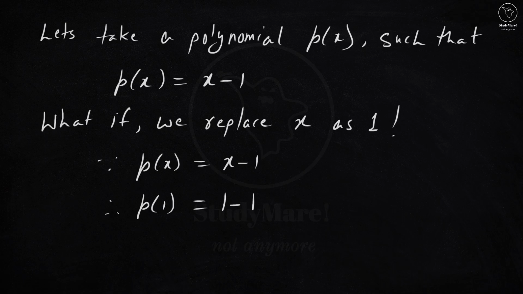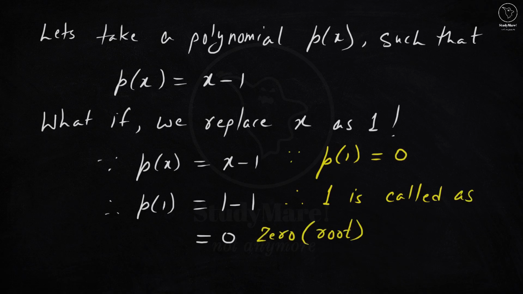We have simply substituted the value of x as 1 in the given polynomial. Solving it further, we get 1 minus 1 is equal to 0. Now, here, since p(1) is equal to 0, therefore 1 is called a zero or root of the polynomial p(x).